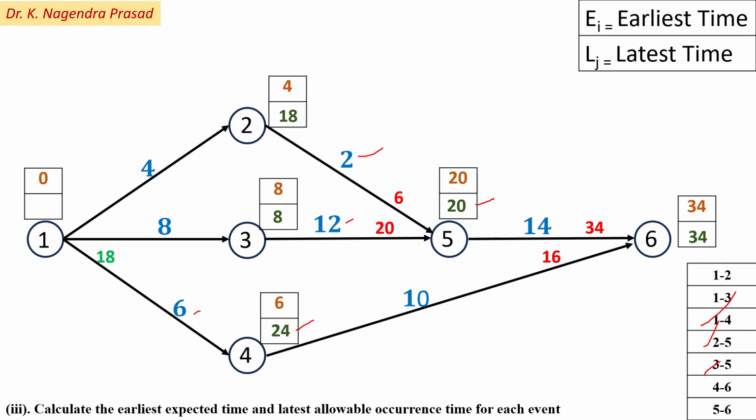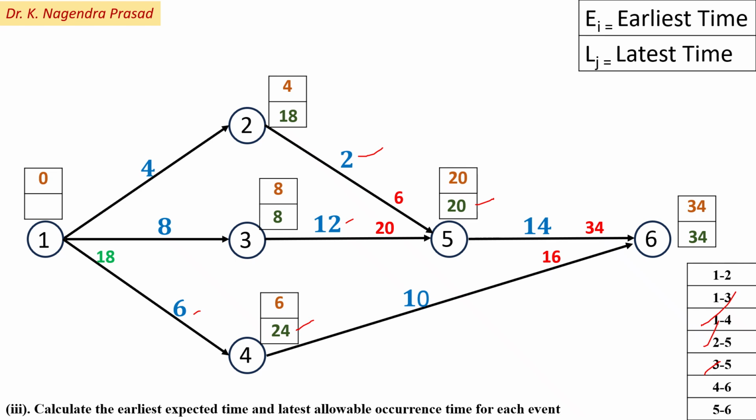So here observe, event 1 is the burst event for activities 1 to 2, 1 to 3 and 1 to 4. So the latest start time at event 1 is the minimum of the starting times of activities 1 to 2, 1 to 3 and 1 to 4. For activity 1 to 4, the start time is 18.